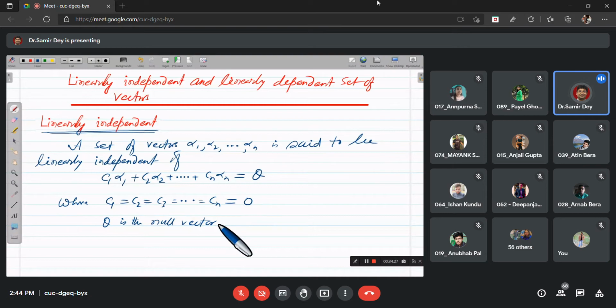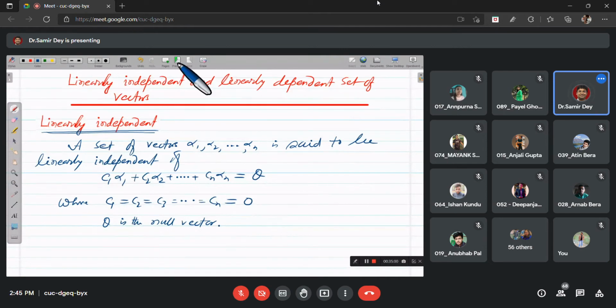Now try to understand the definition. First try to understand the definition, then I'll give some numerical examples. A set of vectors alpha 1, alpha 2, dot, alpha n is said to be linearly independent if the set can be expressed like this: C1 alpha 1 plus C2 alpha 2 plus dot dot Cn alpha n is equal to theta. What is theta? Theta is a null vector. As well as if all C1, C2, C3 are 0.